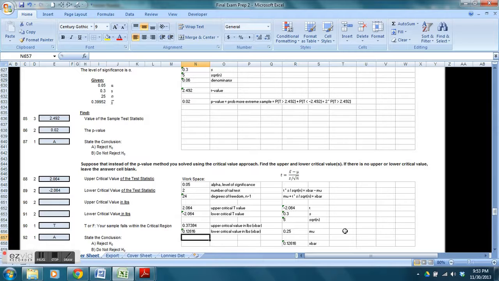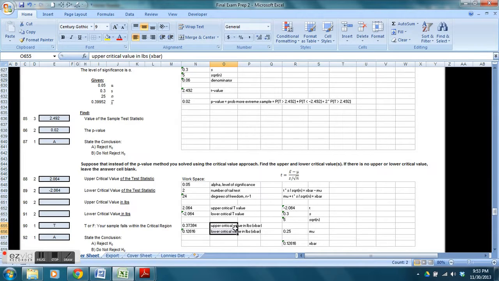What's happening here is we have our mu, which is 0.25. The middle value in a t or a z distribution is always mu, which in this case is 0.25.